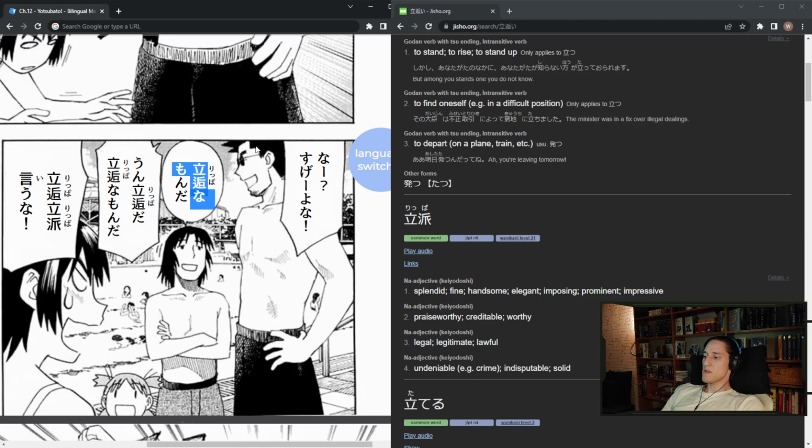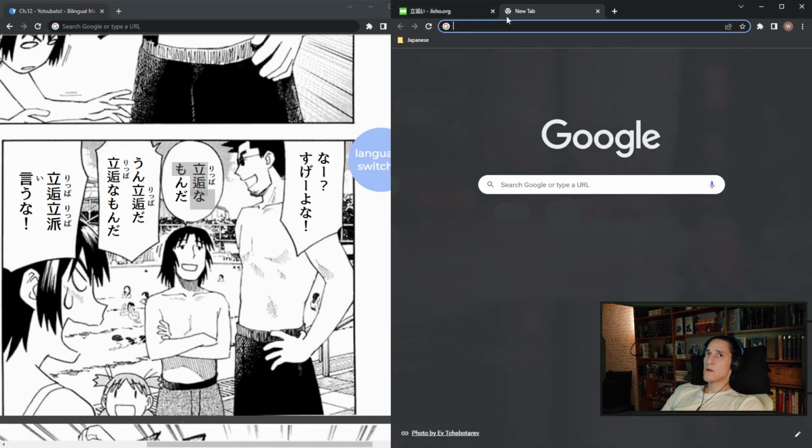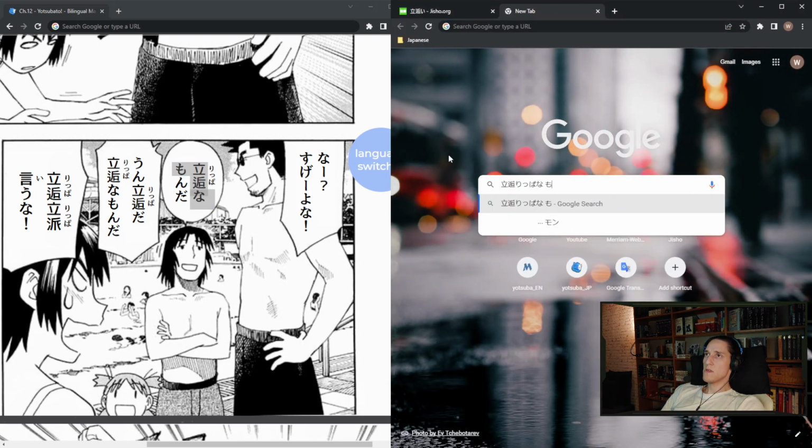I want to dig a bit deeper. Oops. The furigana got copied also.